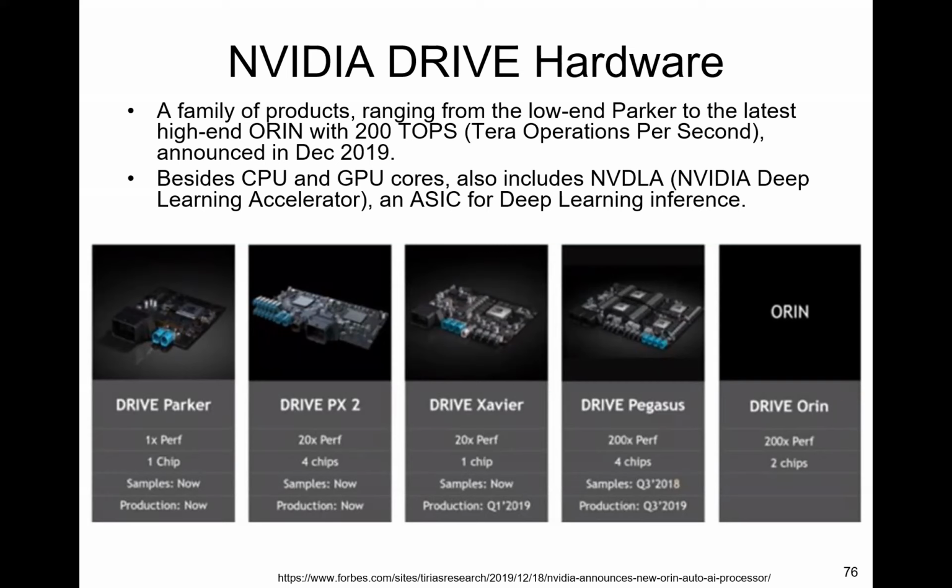So you can see the product comparisons. Besides the CPU and GPU cores, they also include the NVIDIA Deep Learning Accelerator, NVDLA, which is an ASIC for deep learning inference. So it can achieve higher performance with lower power consumption than GPUs.